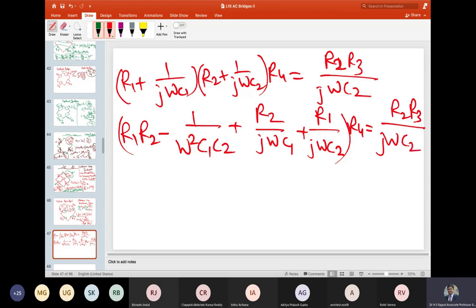Now with this equation, we can compare the imaginary component as well as the real component, right?